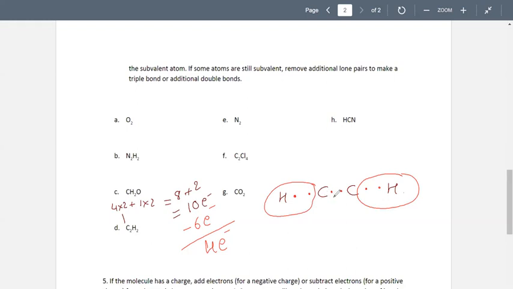But when I look at carbon, carbon has 1 and 2. This carbon has 1 and 2. So what do we do then? Would it go on the inside carbons?